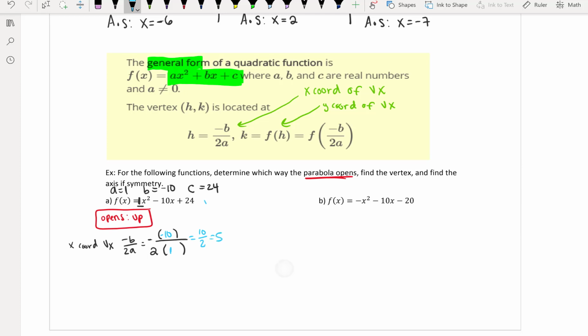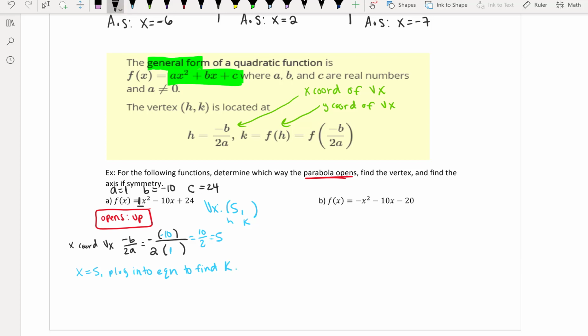So now I know that this vertex, I have a +5, and I need to find what that k value is. To find that k value, I plug in that 5. This is what I mean by x is equal to 5, plug into equation to find k.